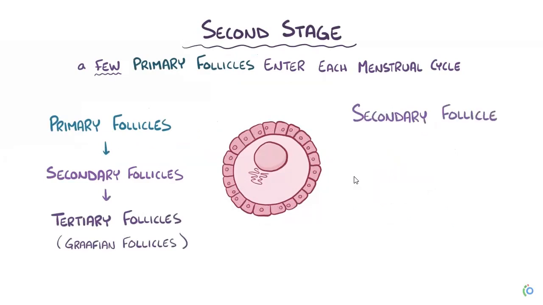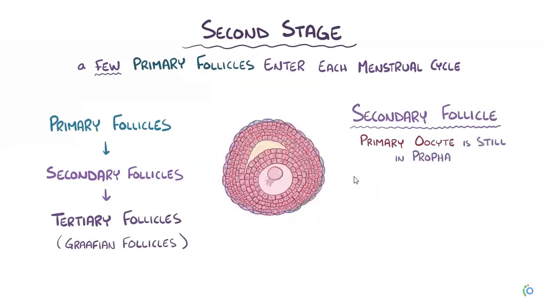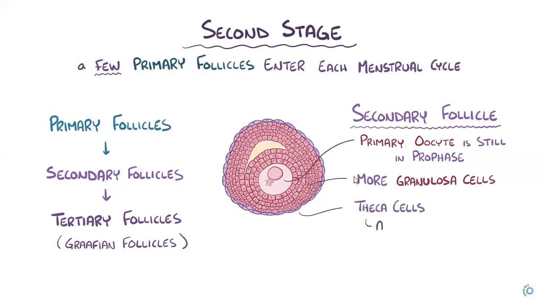In a secondary follicle, the primary oocyte is still in the prophase step of meiosis I, but now the follicle has additional layers of granulosa cells as well as theca cells. Theca cells make androstenedione, which is a sex hormone precursor, and granulosa cells use the enzyme aromatase to convert it into estradiol, a member of the estrogen family.